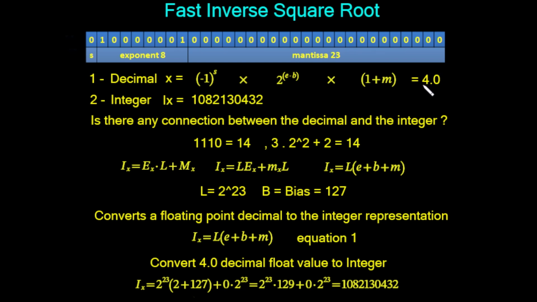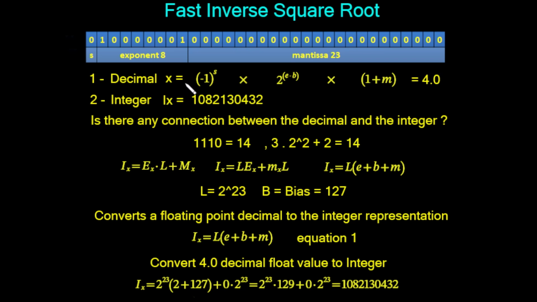So you look at this here and can say, well, this is all a bit random. There's not really any connection between this number 4 and this other representation here. And the question obviously is, why bother doing this in the first place? Well, we'll see that as we work through the video. So when we look at this initially, there's no connection between this 4 and this number here.